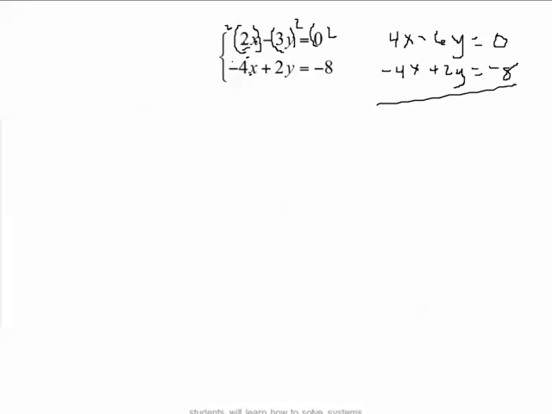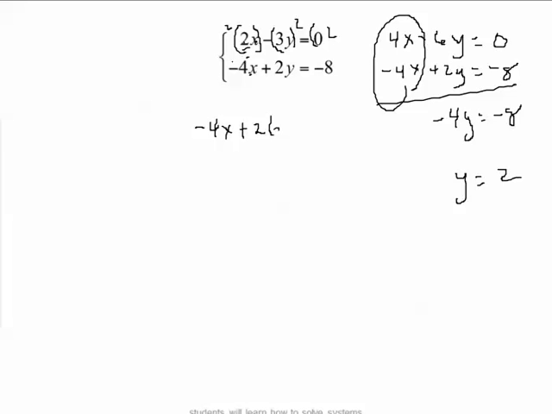And I add straight down, I get a 0 right here. And minus 6 plus 2 is a minus 4y equals -8. Divide by the -4, y is equal to 2. I figured out what y is equal to. So I can come back to one of these equations, minus 4x plus 2 times 2 equals -8.